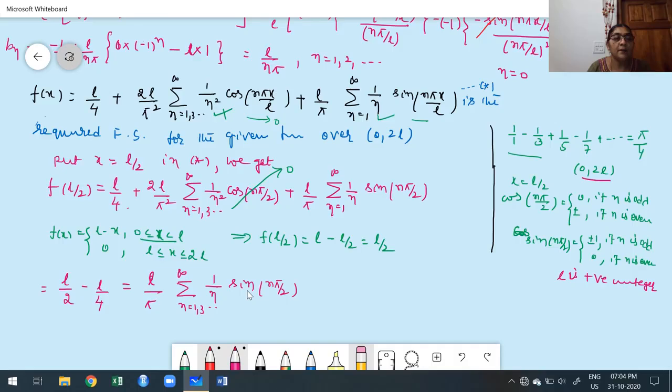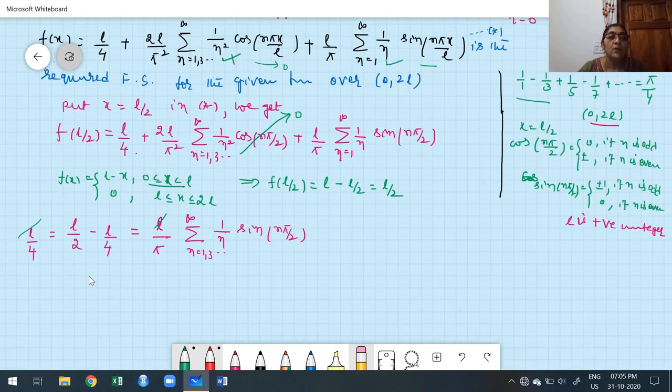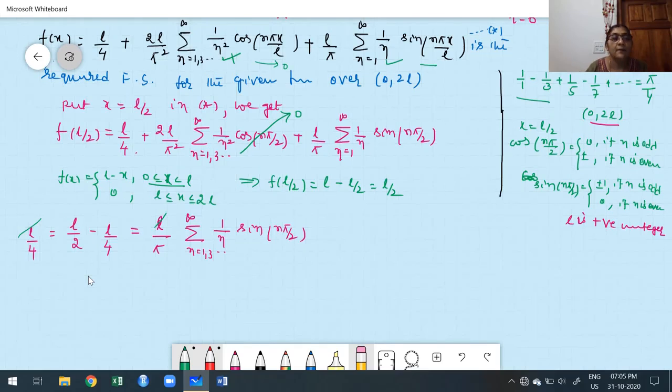What we get is L by 4, since half minus 1 by 4 is 1 by 4 only. Now observe carefully. L cancels. Take pi by pi as cross multiplication. Now we get pi by 4.